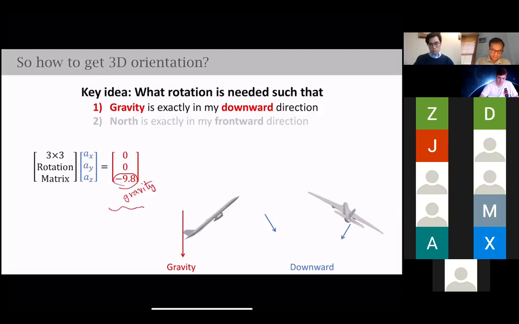This says that gravity is in the Z direction. You agree? X-axis is 0, y-axis is 0, and gravity is minus Z. So I'm rotating my local accelerometer data such that gravity comes to minus 9.8.